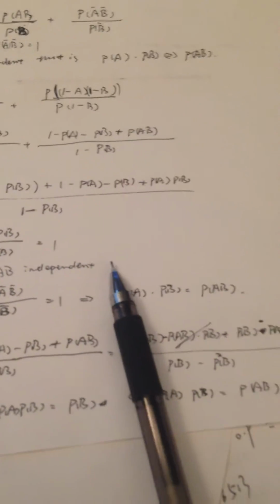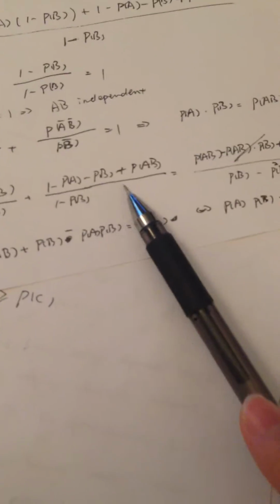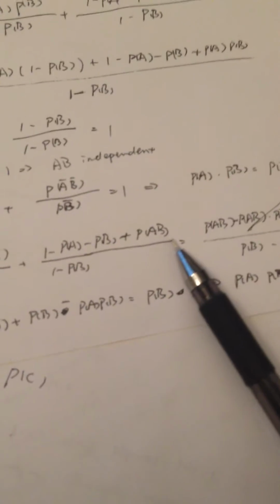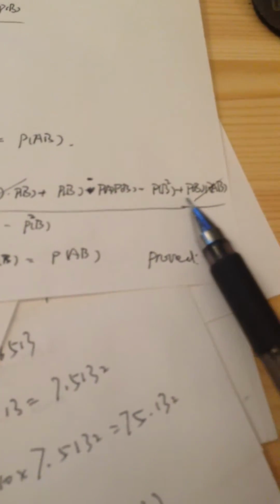What we need to prove is still that the probability of A times the probability of B equals the probability of A and B. Given this condition, we write the same thing, but this time we don't divide. We write it as one fraction, and this time we have the probability of A and B times the probability of B, plus the probability of B times the probability of A and B.